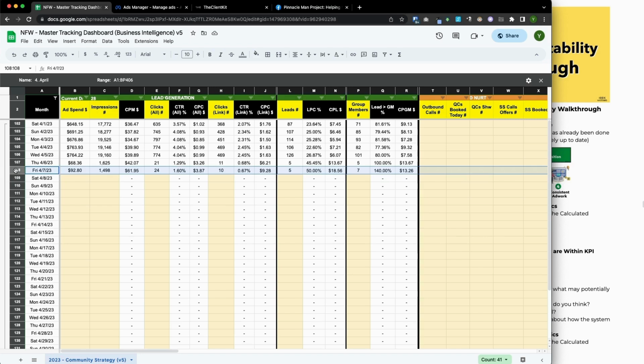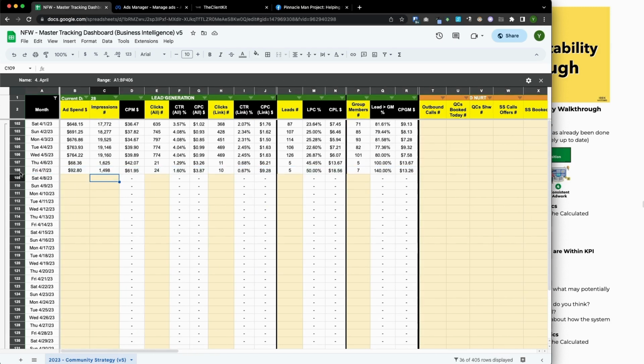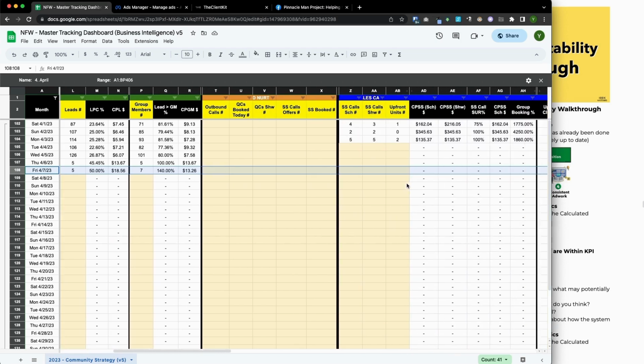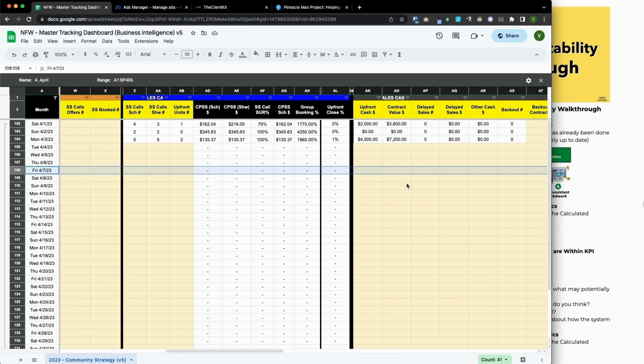Now, what is very important when we talk about tracking profitability is that we also have all of our other data filled in. You can see on here, if I hit this row, 108, for 4/7, it highlights that for me. You will also notice that we do not have all of the data filled in up until 4/7, and this is going to be very important to have.